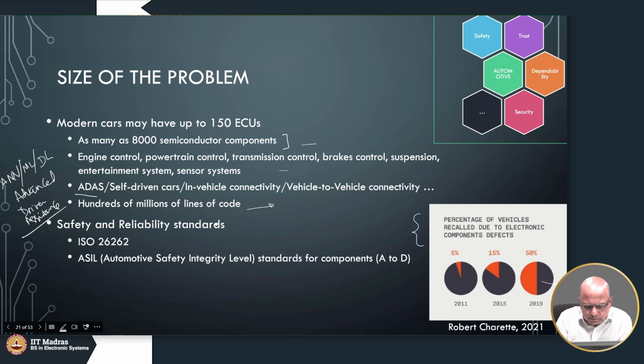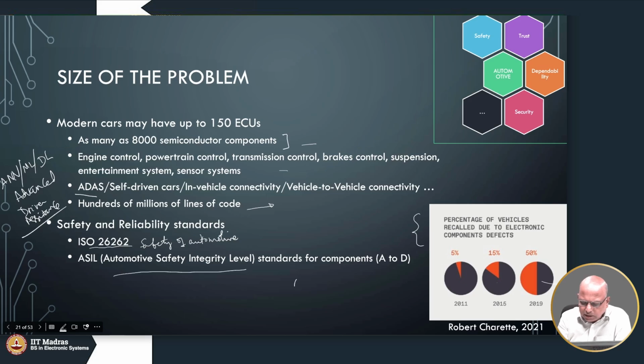So that is the reason why there are many standards that are being proposed. Okay, one is the ISO 26262 standard for safety of automotives. And the other is what is called as automotive safety integrity level, ASIL.